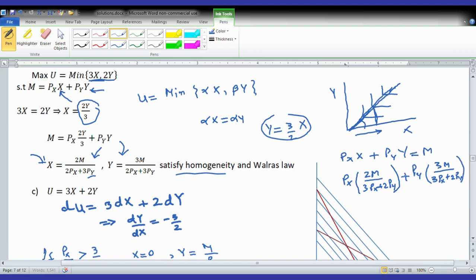you'll see that the LCM will be 3px plus 2py, and here I will be having 2m times px plus 3m times py.